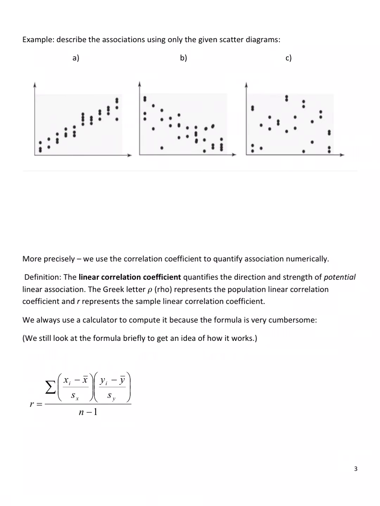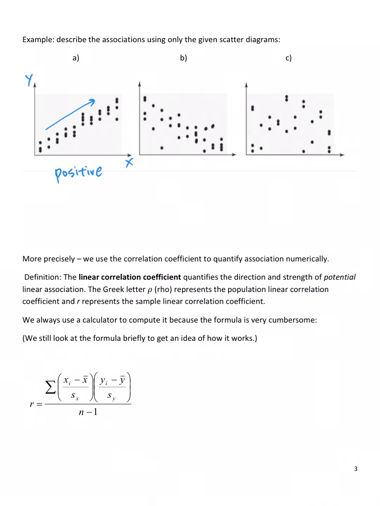So here's another example. Let's say we want to describe the associations using only the given scatter diagrams. We have 3 diagrams here, and we can use the 3 features: the direction, the strength, and the shape. Okay, so first one, A. What do you guys think? I would definitely say that the direction is positive, since as x increases, y increases with it.